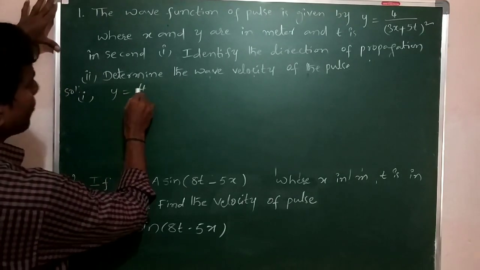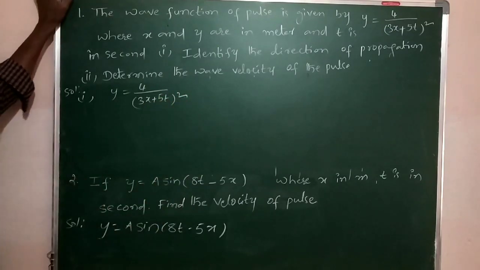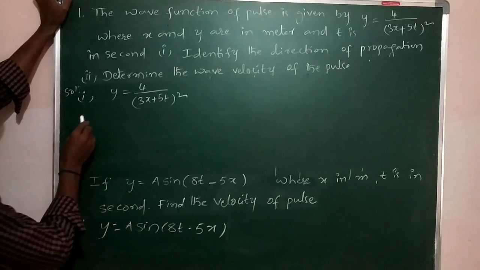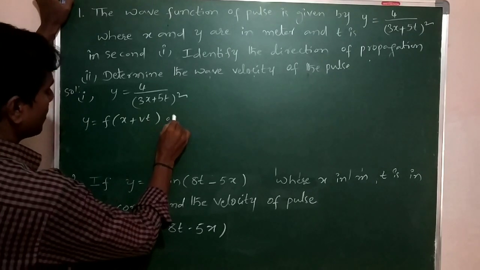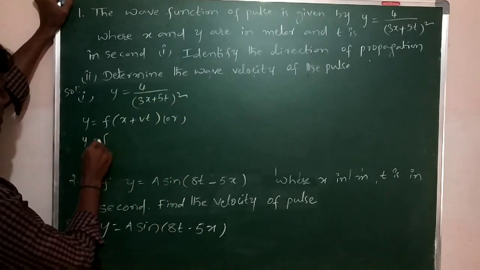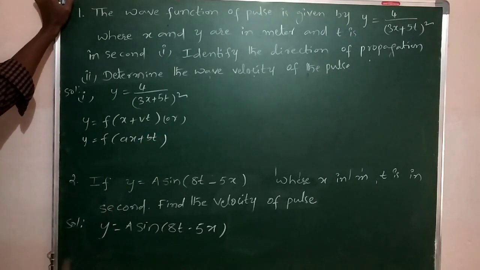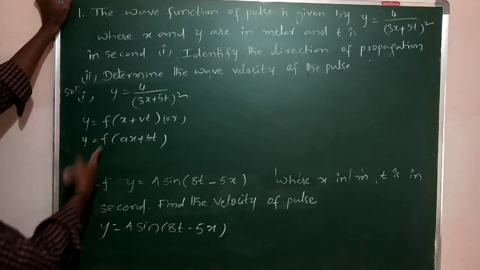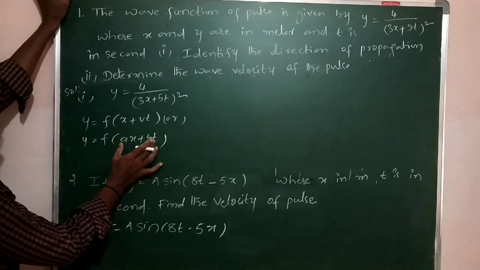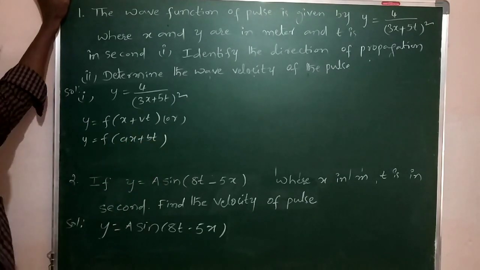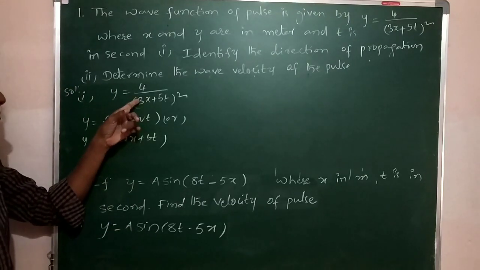y equal to 4 by (3x plus 5t) whole square, and this wave function is compared with y equal to f of (x plus vt), or the general equation y equal to f of (ax plus bt).